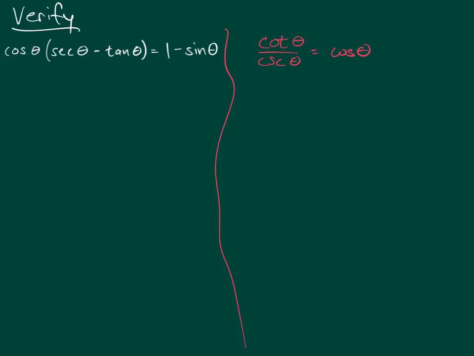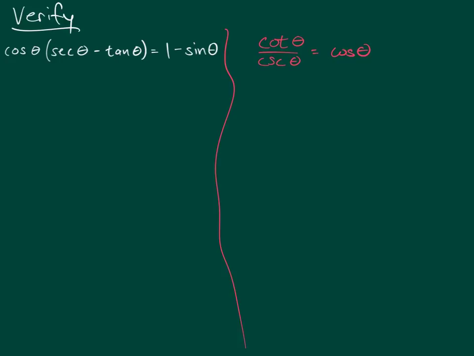Well, what you need to do first step is to make sure that you're only working with the more complicated looking side. So here I have cosine of theta times secant theta minus tangent theta equals 1 minus sine theta. There's definitely more happening, more to work with, and hence more complicated on the left-hand side.